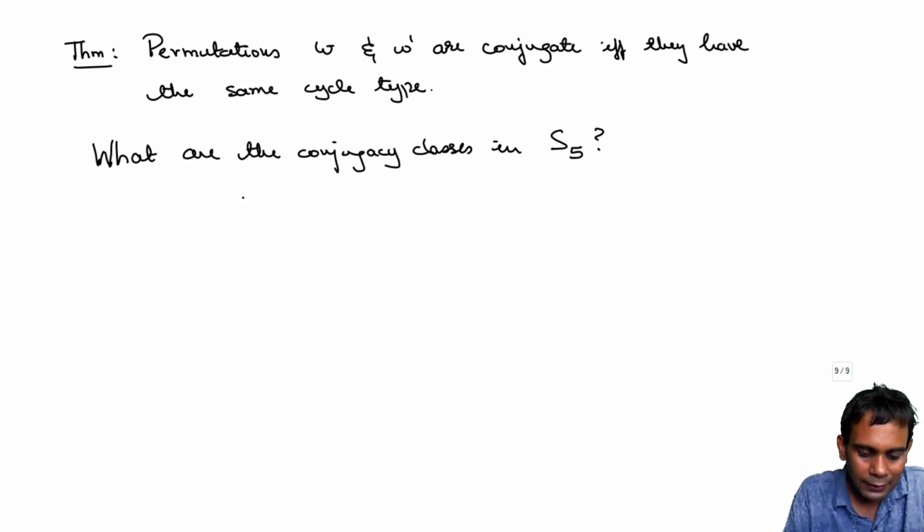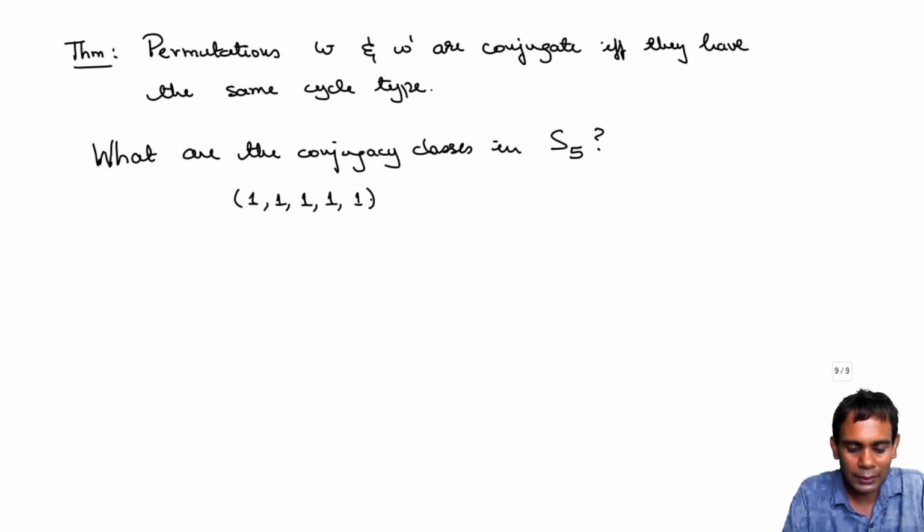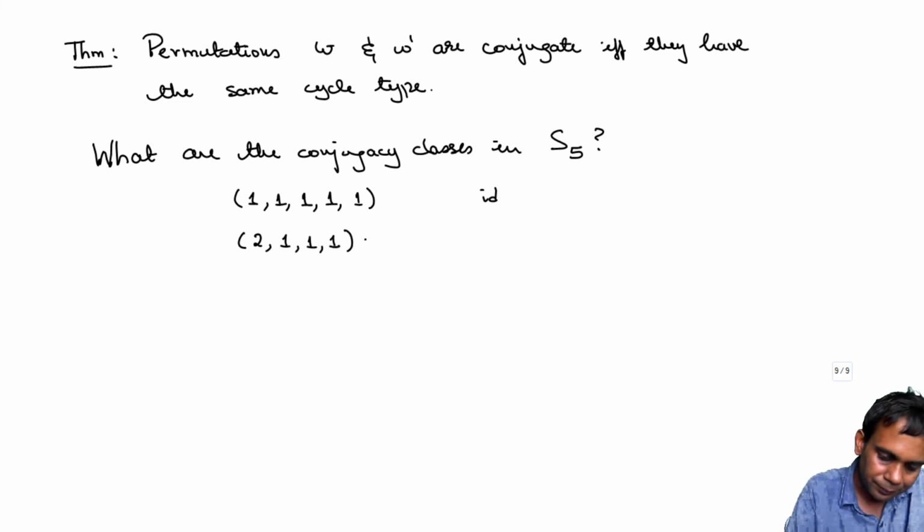So the possible cycle types: you have the identity element, its cycle type is 1, 1, 1, 1, 1. Each element is a singleton cycle. 1 goes to 1, 2 goes to 2, 3 goes to 3. So this consists of the identity element, and the order is 1. You could have something like 2, 1, 1, 1. An example of such an element would be (1 2)(3)(4)(5).